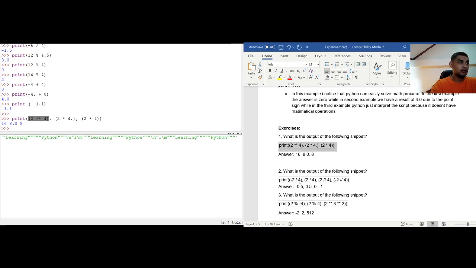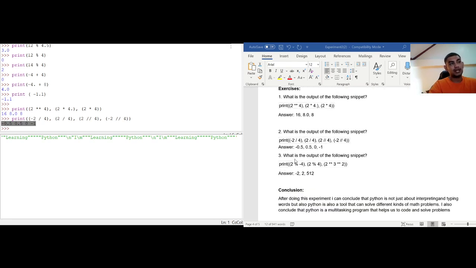So for exercise number 2, what is the output of the following snippet? So print, let's copy this one. Then we will have an answer of negative 0.5, positive 0.5, 0, and negative 1.